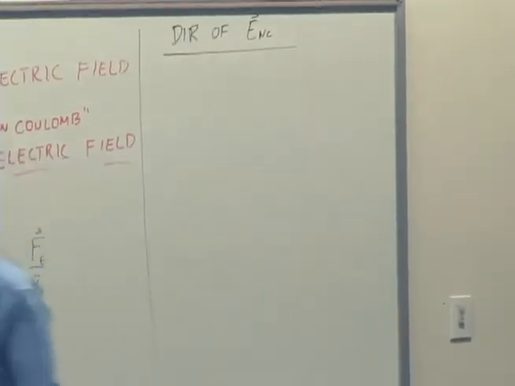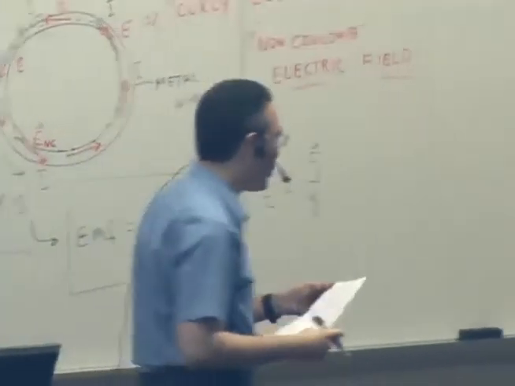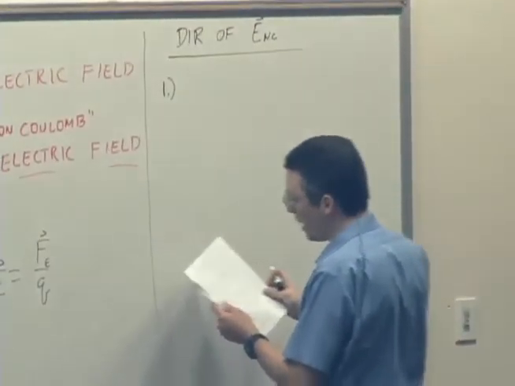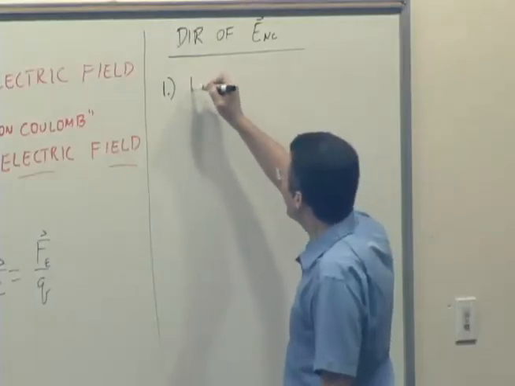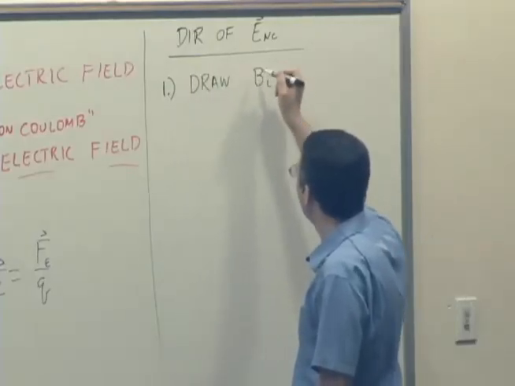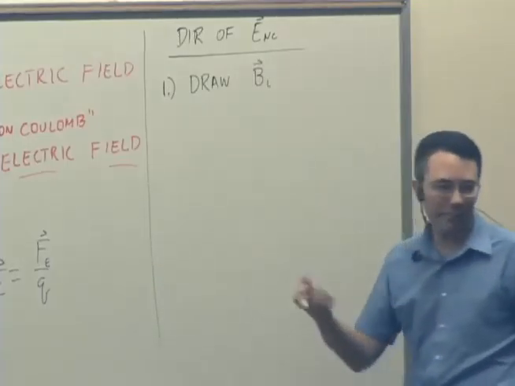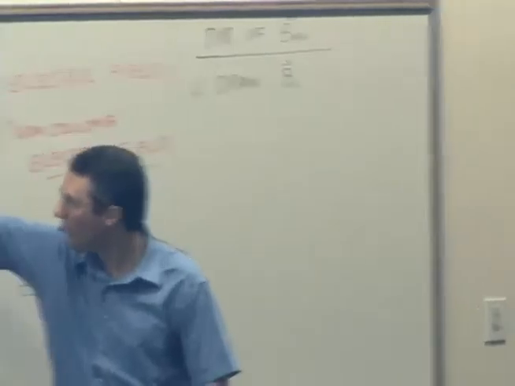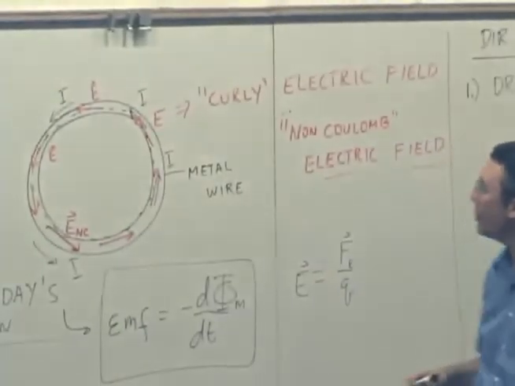There's just a procedure you have to go through, and you just kind of have to go through the steps each time in order to get this right. And the first step is you want to draw the initial magnetic field at the location you're interested in. So for example, inside this loop, if we were trying to find the electric field around this loop.